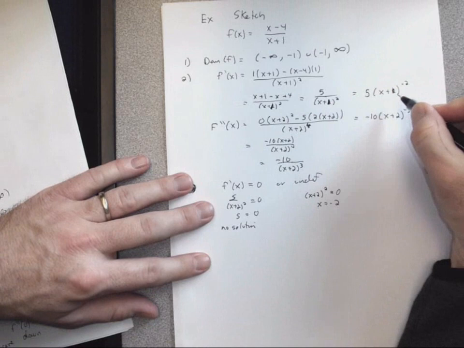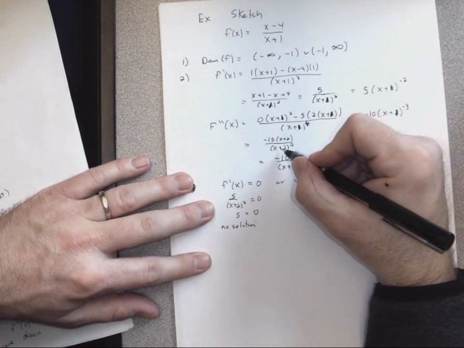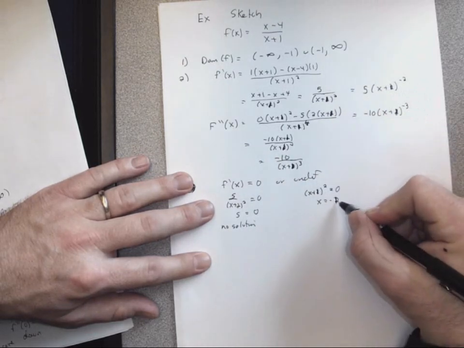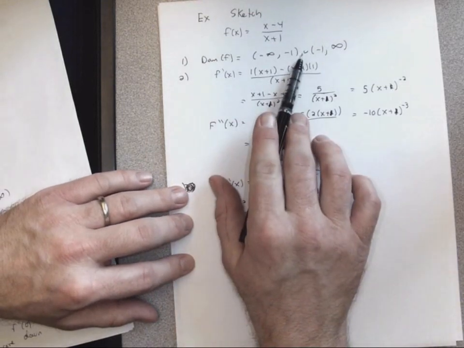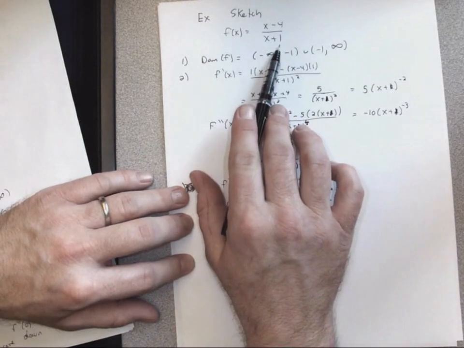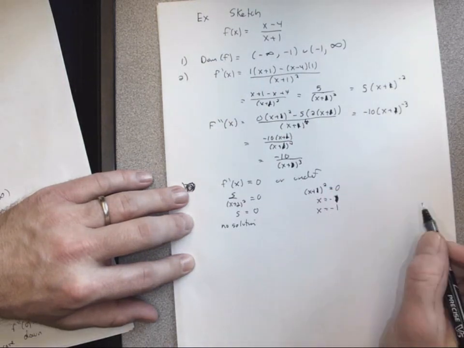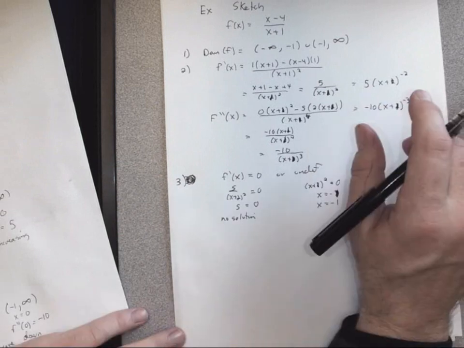Just wondering what happened here. It doesn't change any of our work though, except right here. So this is when x equals negative 1. Now, we know that it's going to be undefined here because it's not even in the domain. So it's not in the domain, so it's not going to be differentiable there as well. So x equals negative 1, we'll see that that's going to be that vertical asymptote. That's why it's undefined there.